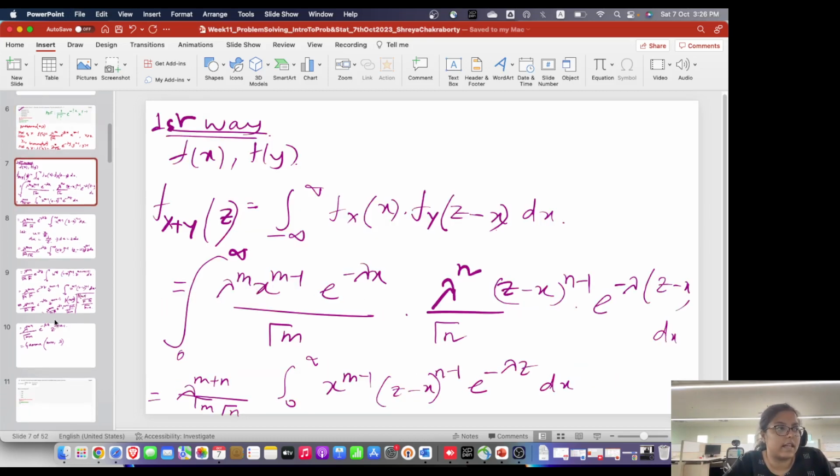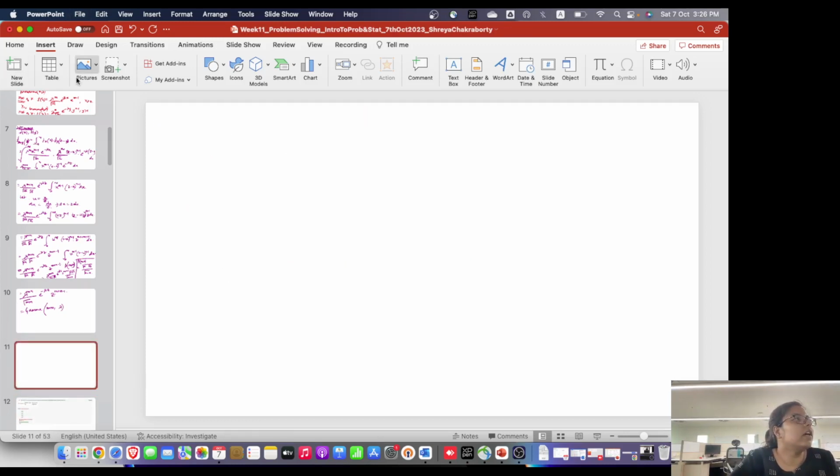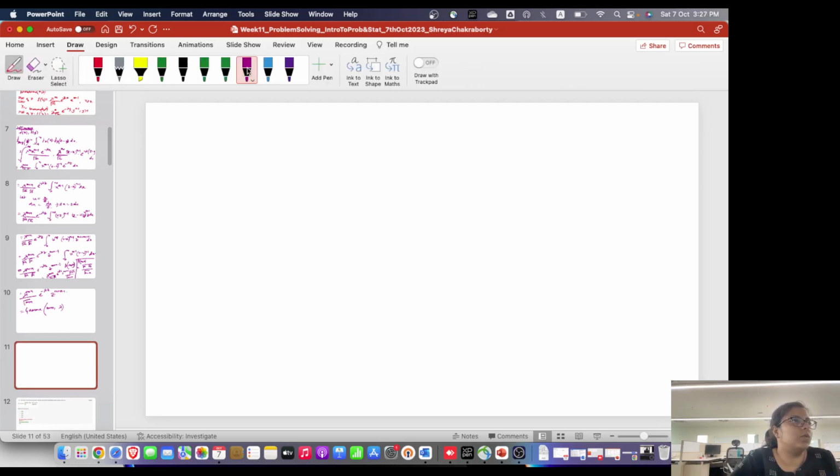There is another way by which you can also solve, which is called the moment generating function way, which I am going to demonstrate. Okay, so this will be my way out 2, or I could say, second method.